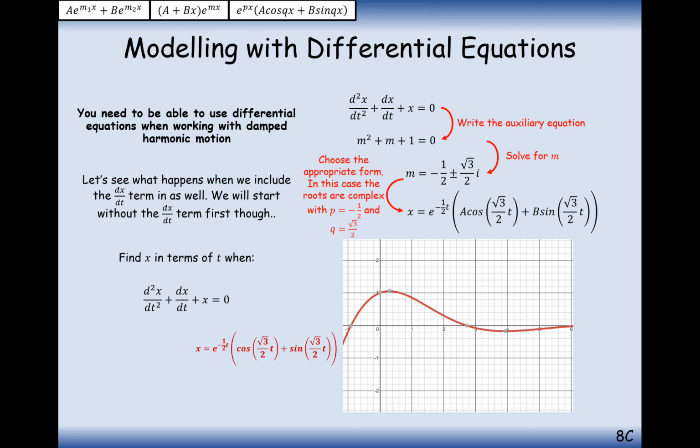So it's going to be wavy because there's a sine and cos inside your function here, but it's also going to be exponentially decreasing because there's a scale factor of e to the minus half t. Remember, e to the minus x will look like a downward sloping graph towards the asymptote, and in this case here it's just going to slowly but surely make its way down towards the x-axis because it's got that decreasing exponential function.